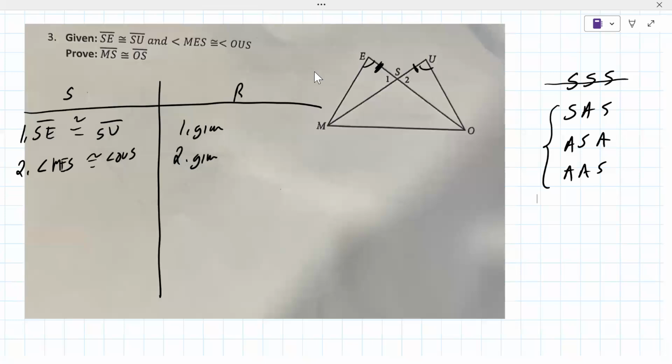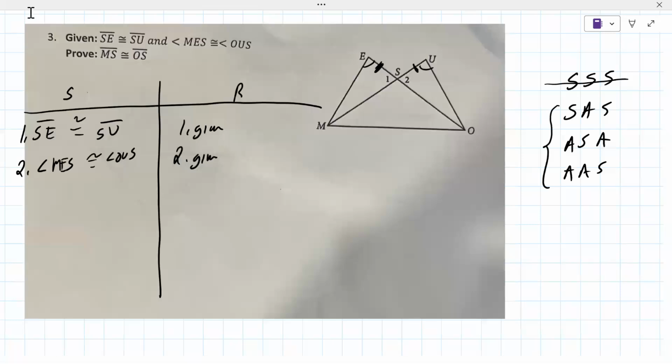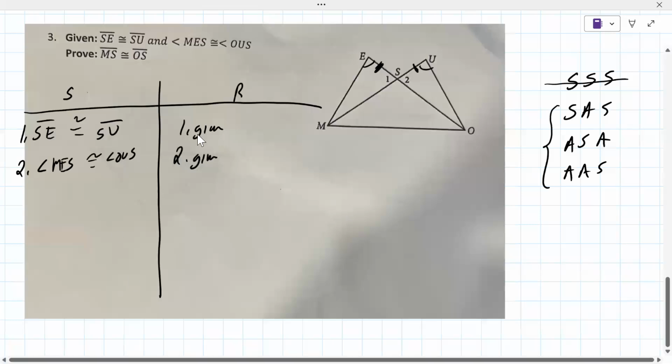Because of E to 1 and maybe U to 2. We have... wait, can you not write out... I don't know what I'm trying to say. Well, they are congruent, but why are they congruent?